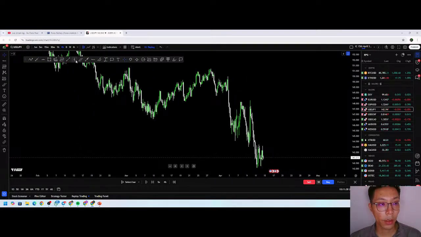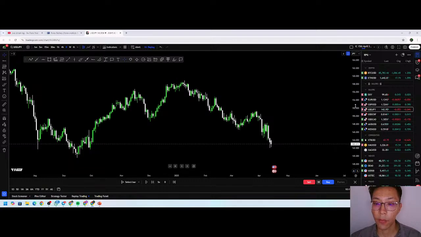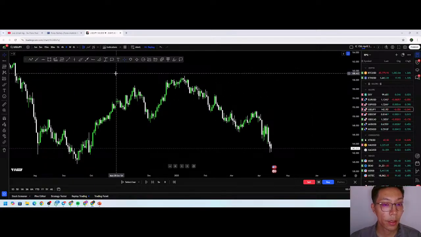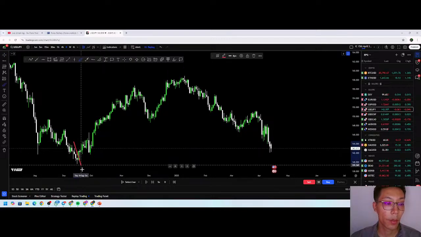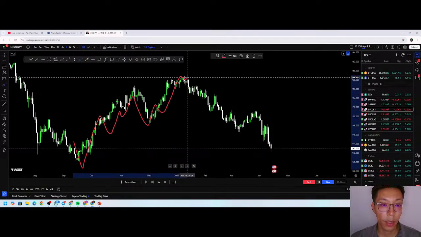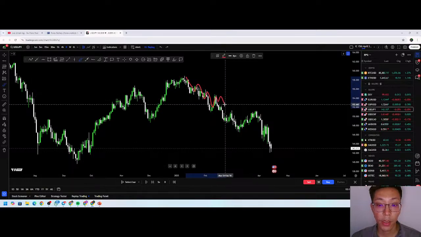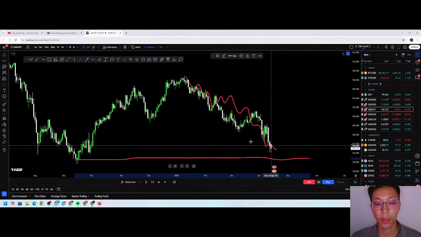Okay, so right here on the daily chart, we can see very clearly for USD JPY that we have a correction towards the downside, right? Previously we have an uptrend, right? But price is actually correcting towards the downside, at least to this level over here, right?